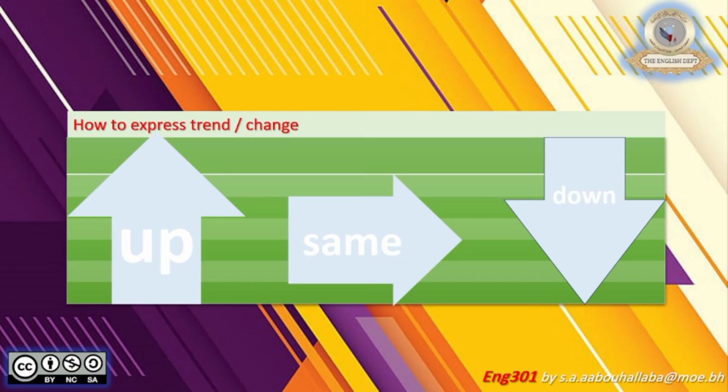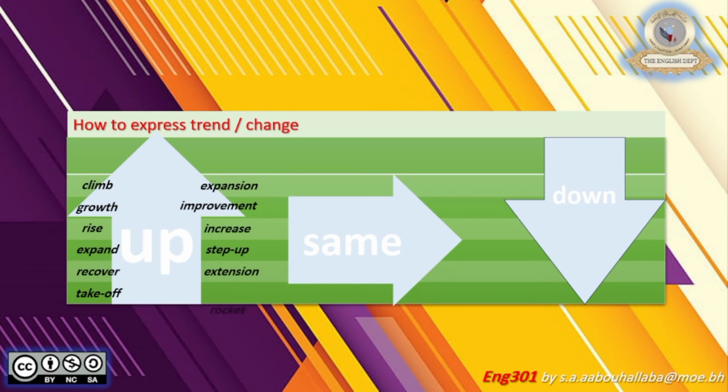Look at them all, and you can simply pause and look at them in details. We have climb, growth, rise, expand, recover, take off. We have expansion, improvement, increase. We have step up, extension, and rocket. All these express an upward trend.